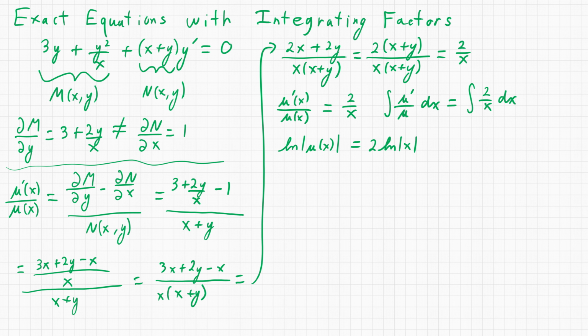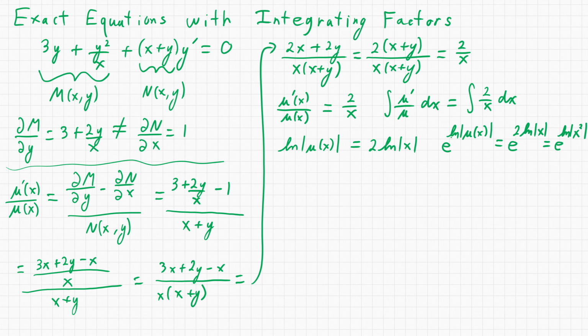So I want to get rid of these natural logs. Let's exponentiate everything. So then we end up with e to the natural log absolute value of mu of x equal to e to the 2 natural log absolute value of x, which is the same as e to the natural log absolute value of x squared.